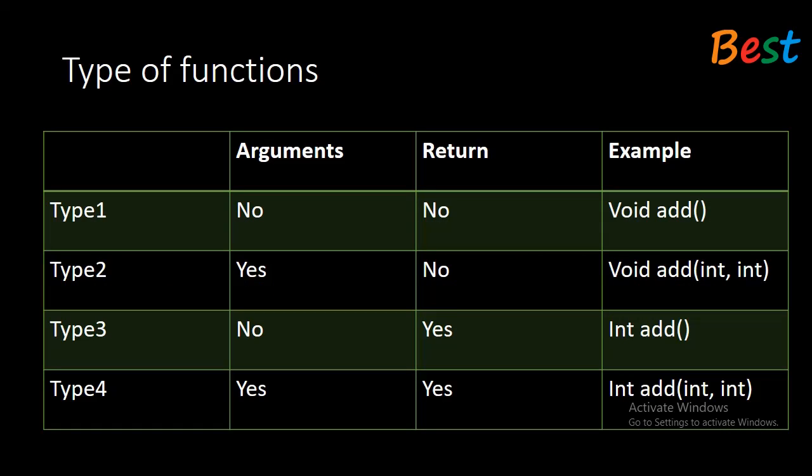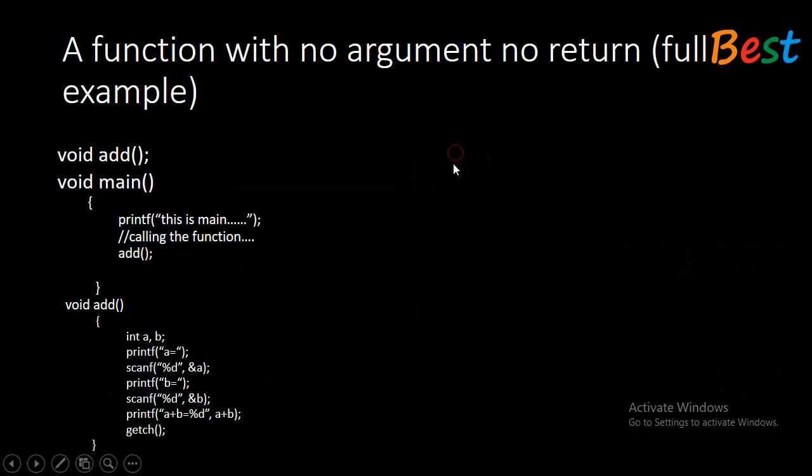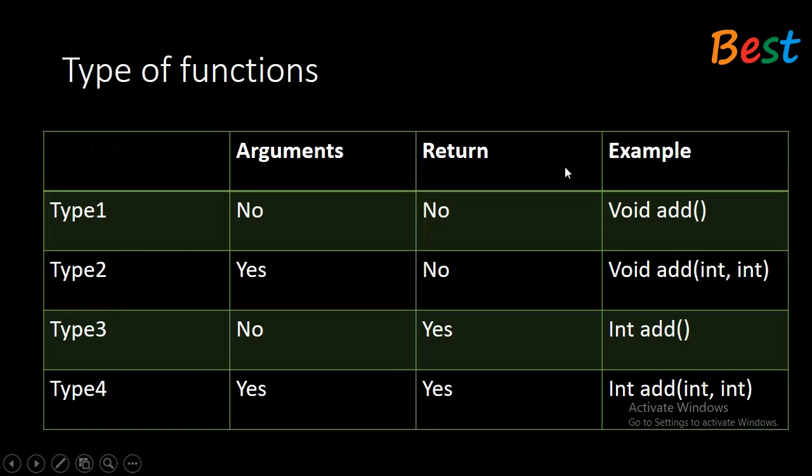Now I will explain with a table, which can be more illustrative for you. There are four types of function: type 1, type 2, type 3, type 4, with arguments and return. For example, no arguments and no return should be a void function, and there is nothing in the brackets, or parenthesis.